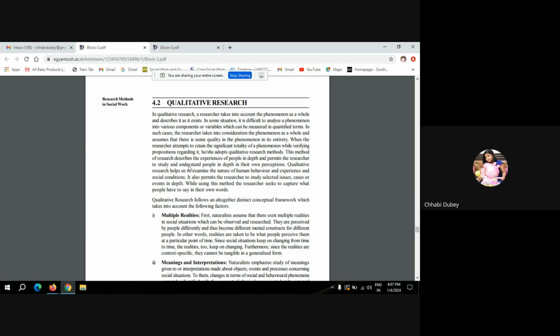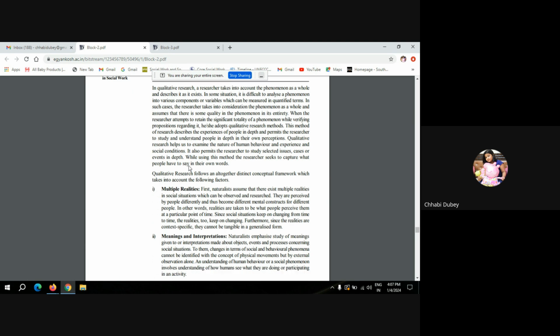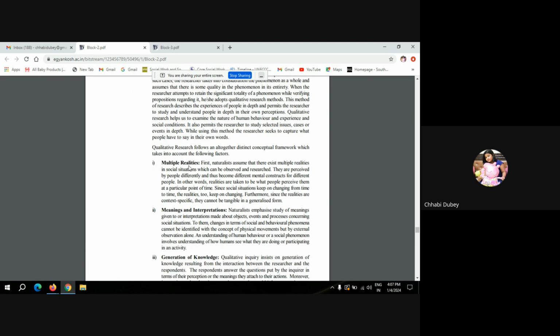Now, basically, qualitative researchers have some very distinct conceptual framework which takes into account certain factors. So, we will be discussing these factors. One is the concept of multiple realities. Multiple realities means that, especially when we are studying a particular phenomenon in a given context or in the natural context, we generally assume that there can exist multiple realities in social situations.